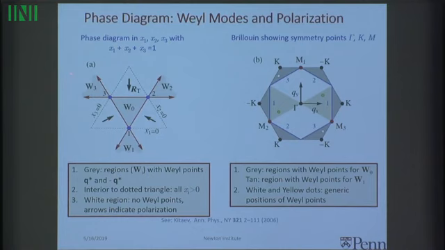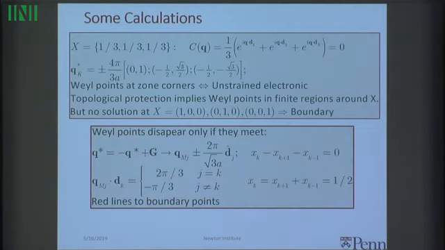We can extend the phase diagram outwards, where one of the x's is greater than 1, then the others have to be negative. But for here, at the origin, at x equals 1/3, 1/3, 1/3, this C of Q is this.